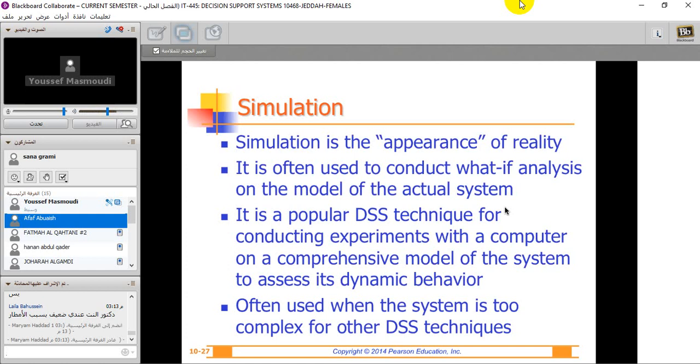It is a popular decision support system technique for conducting experiments with a computer on a comprehensive model of the system to assess its dynamic behavior, and often used when the system is too complex for other decision support system techniques.